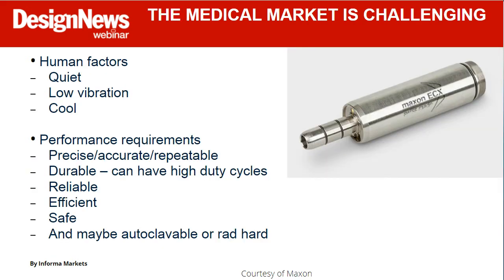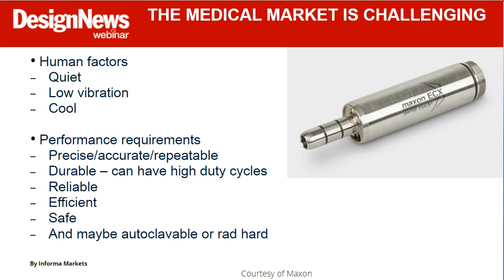The medical market is kind of like that saying about Fred and Ginger: Ginger did everything Fred did, except in high heels and backwards. The medical market has all of the challenges that the industrial market has in terms of performance and precision. You need accuracy, you need repeatability. The equipment has got to be very durable. Medical providers expect a lot of bang for their buck.